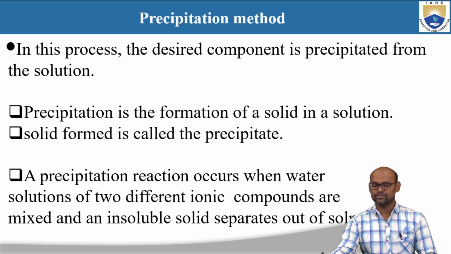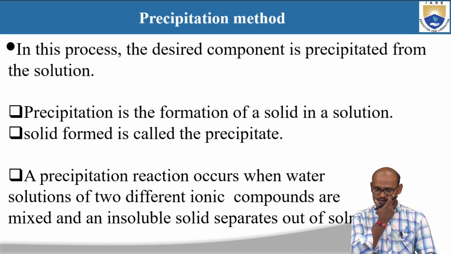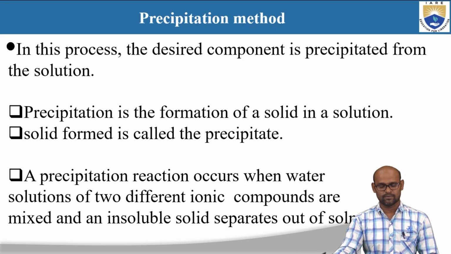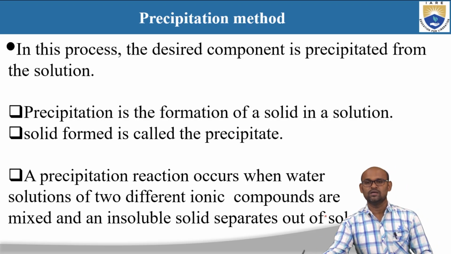Precipitation is the formation of a solid in a solution. Whatever solid we get is called the precipitate. A precipitation reaction occurs when water solutions of two different ionic compounds are mixed and an insoluble solid separates out of the solution.